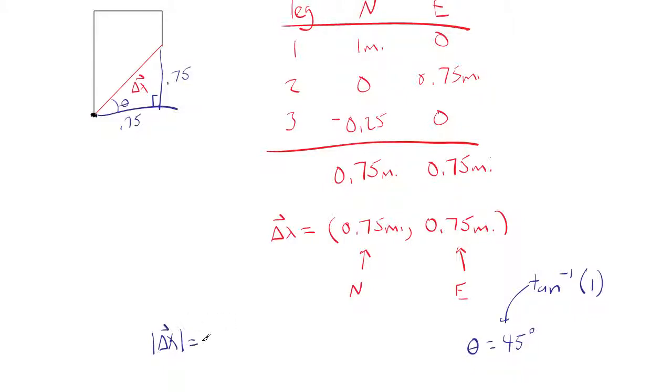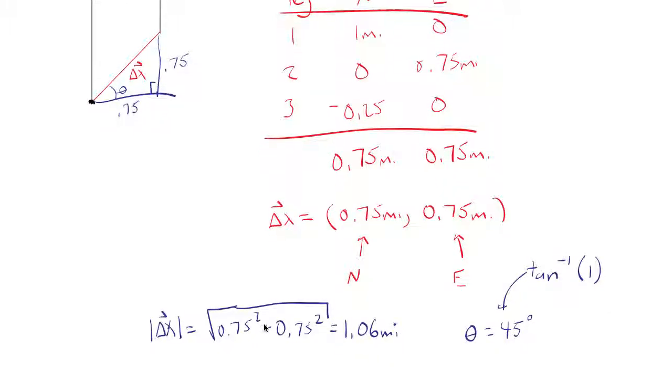The magnitude of my vector is equal to the square root of 0.75 squared plus 0.75 squared. If you do that calculation, you get 1.06 miles. So that's the answer. That's the total displacement: 1.06 miles at an angle of 45 degrees. That's my total vector.